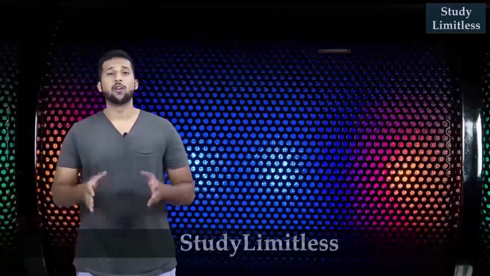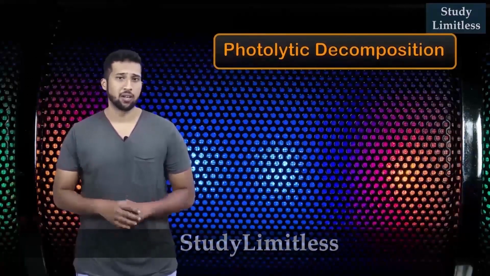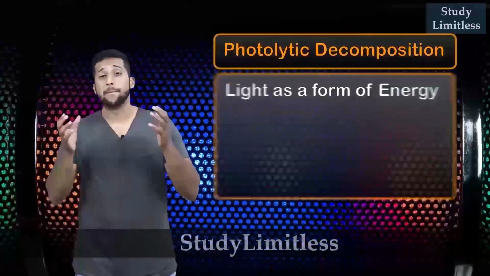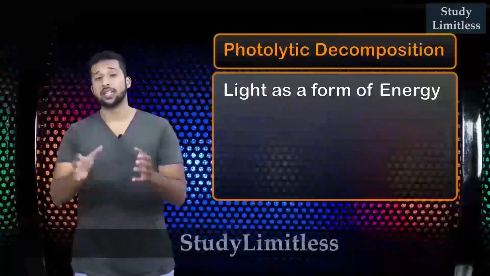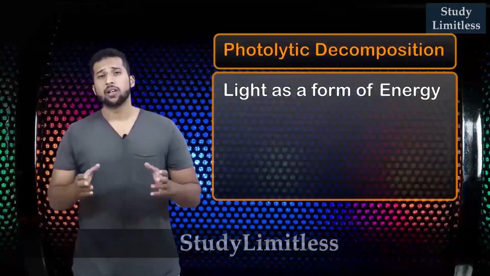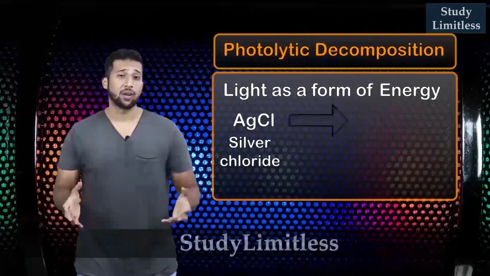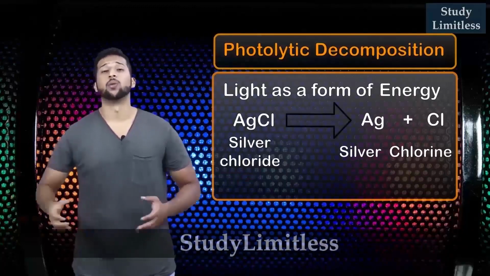Now, let's start off with photolytic decomposition. Now, as we have discussed, photolytic decomposition is nothing but breaking down a substance using light. Now, a great example of this would be breaking down of silver chloride into silver and chlorine.